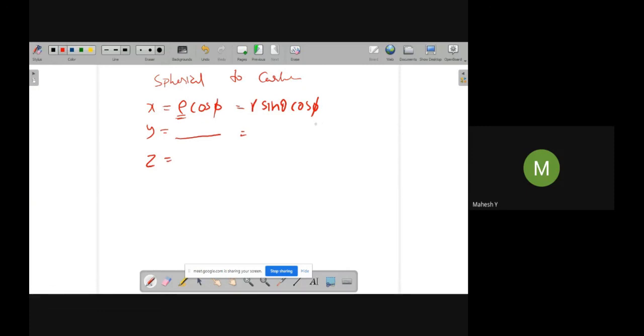Just try once, what value you will get for y in terms of r, theta, and phi. Yeah, very good. Correct. So y is rho sin phi. Now what is rho here? Rho is r sin theta. So y is r sin theta sin phi.